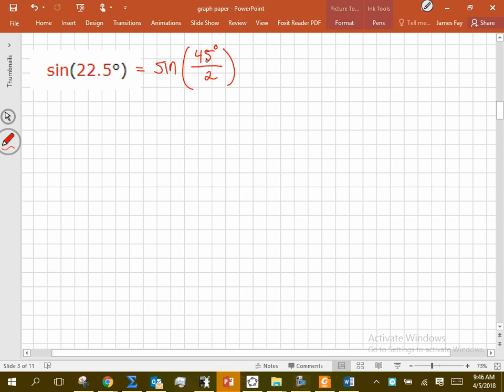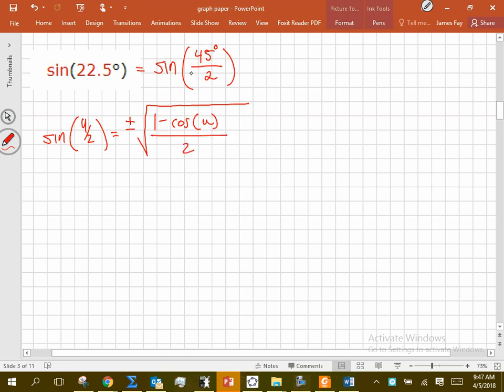But the reason I write it this way is because when I look at my sine half angle formula, which says sine of u over 2 is equal to plus or minus the square root of 1 minus cosine u over 2, there's your formula.